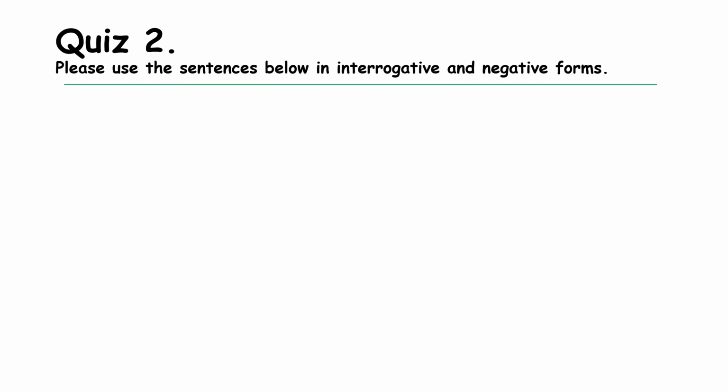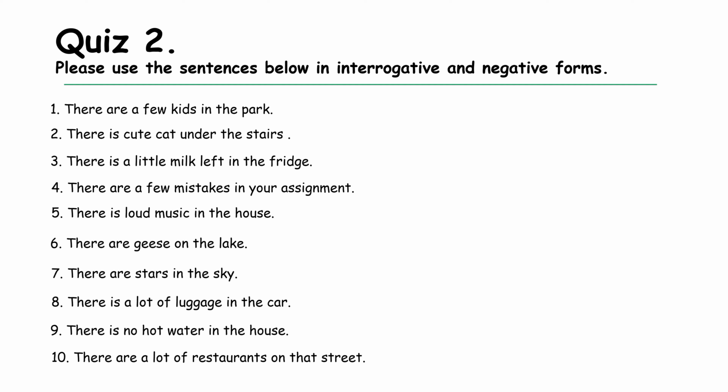For quiz 2, I would like you to use the sentences you see on the screen, both in interrogative and negative forms. You have 30 seconds to prepare your answers.